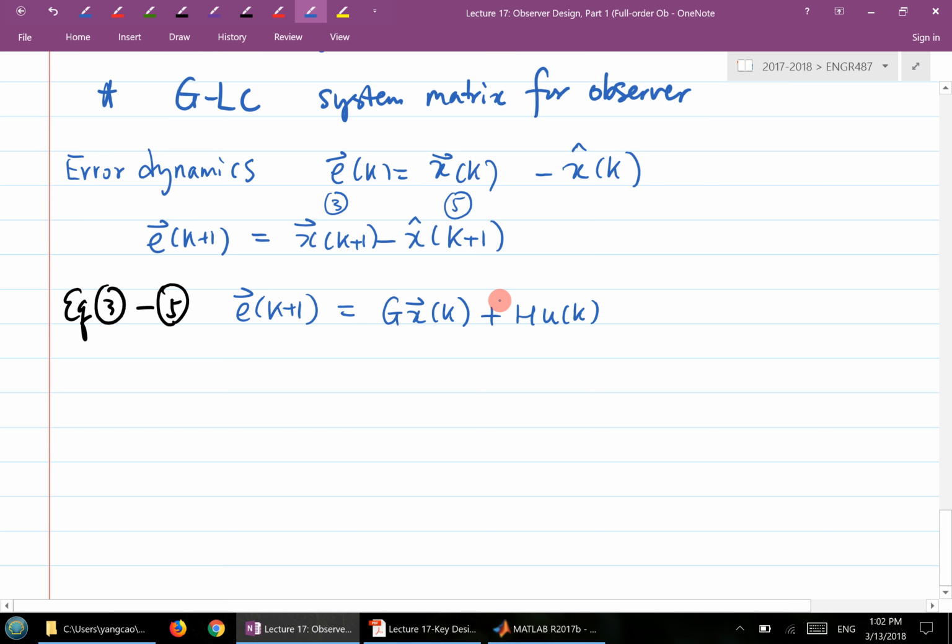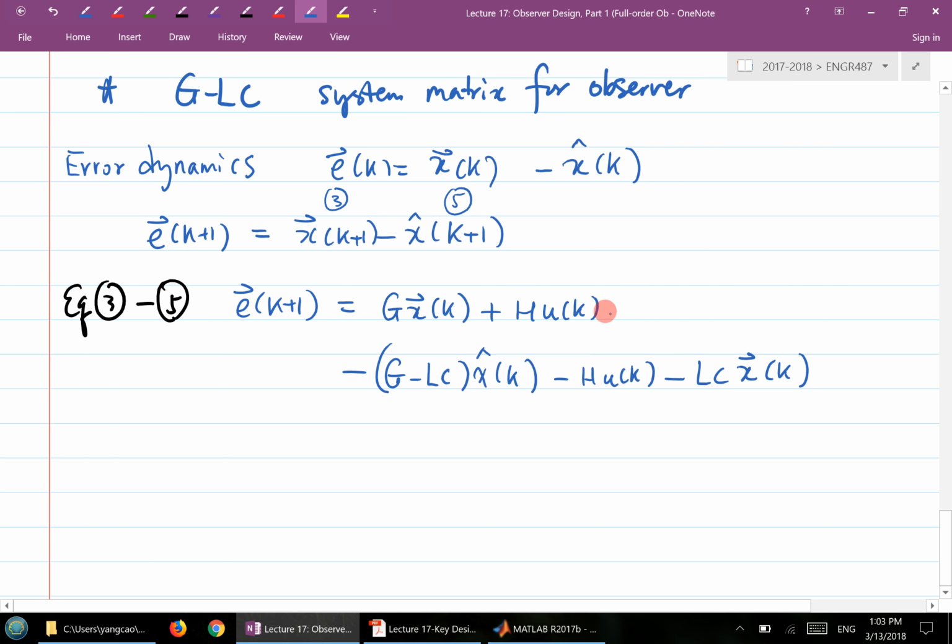And then minus G minus LC x hat of k plus H u of k, and then minus LC x of k. Good. So that's the right side, the result of 3 minus 5. So you got this term and this term cancel out.